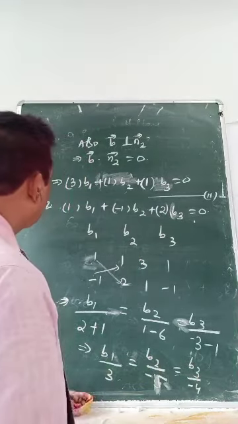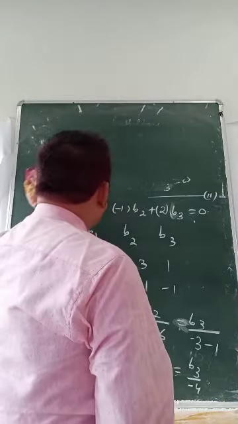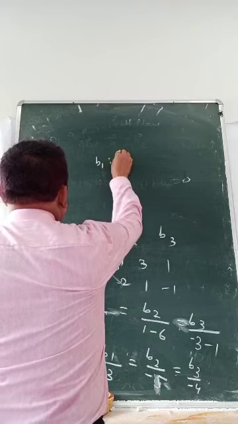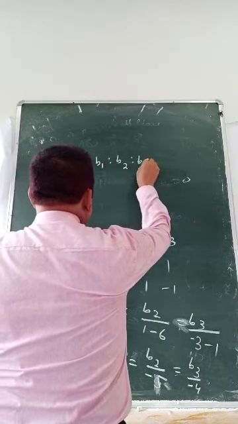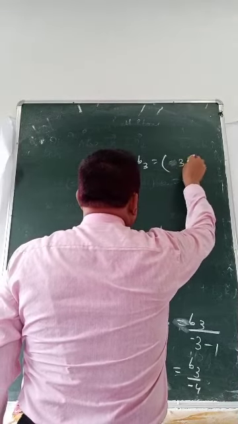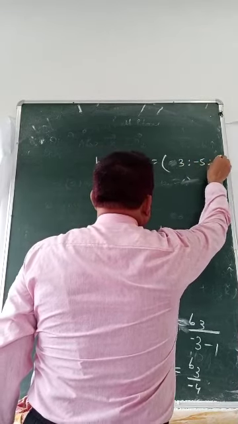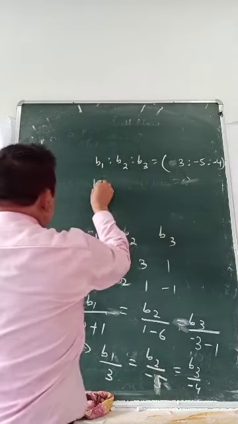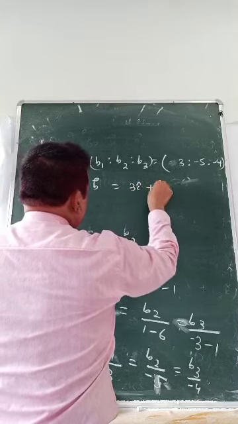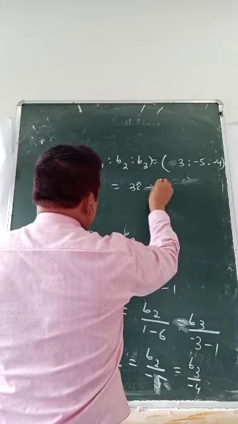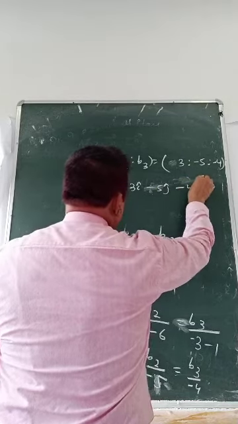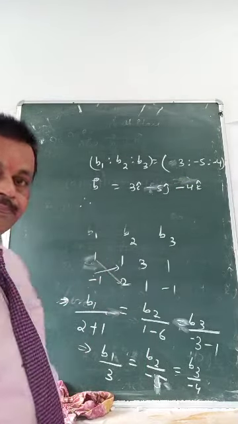Okay, so you can write now b1 is to b2 is to b3, 3 is to minus 5 is to minus 4. That means what is your b vector? 3i minus 5j minus 4k. So what is the equation of the line then?